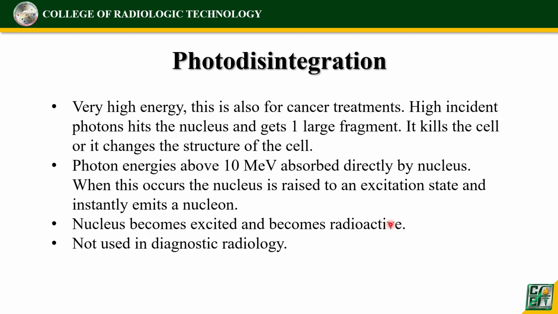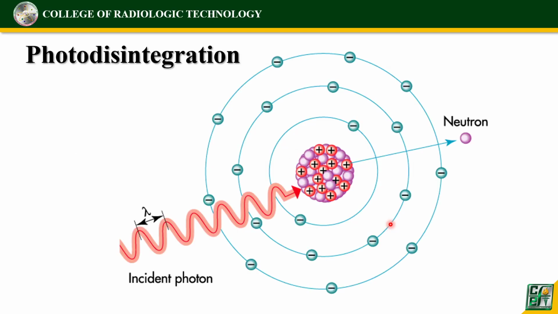And therefore, in photodisintegration, the nucleus becomes radioactive, and in order for the atom to become stable, it will continue to emit radiation until it becomes stable. So that is an illustration of photodisintegration. The incident photon with high energy of more than 10 mega electron volts hit the nucleus itself.